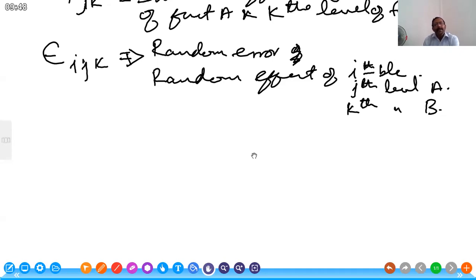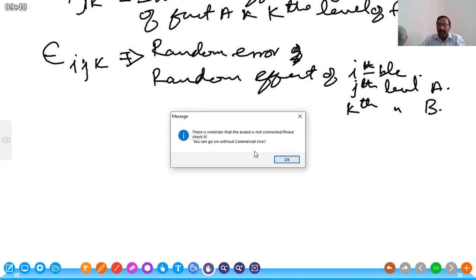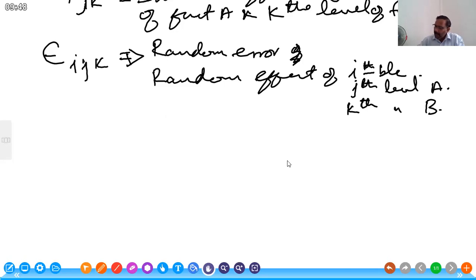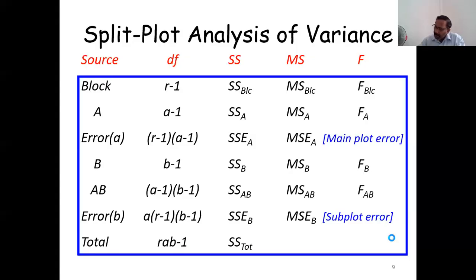So you can write any notation. This is just to indicate the notation. You can use any notations, right? I have used wij to indicate that it is an error term, right? So you see in this Anova table, how many components are coming? 1, 2, 3, 4, 5, 6.